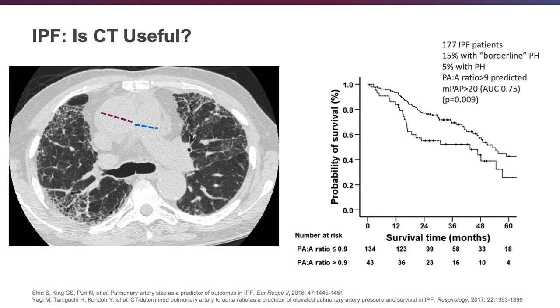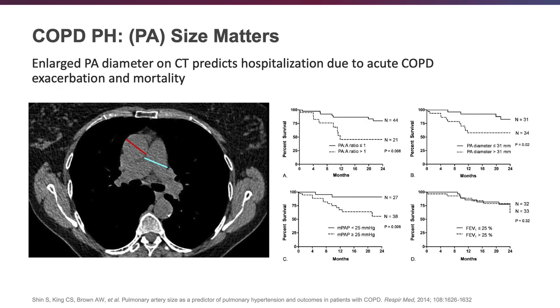Another paper that's not presented here also showed that these patients are at risk for acute exacerbation of their interstitial lung disease. Similarly, in COPD, the ratio of pulmonary artery to aorta, and the ratio in this particular paper was 1, predicted both hospitalizations due to COPD exacerbations and mortality in patients with underlying COPD.